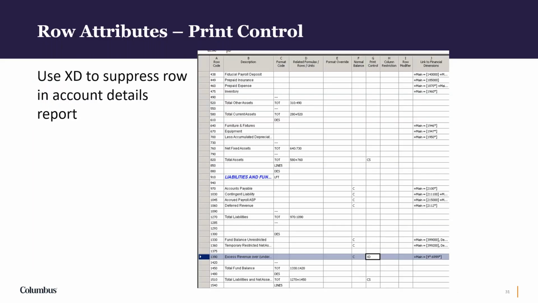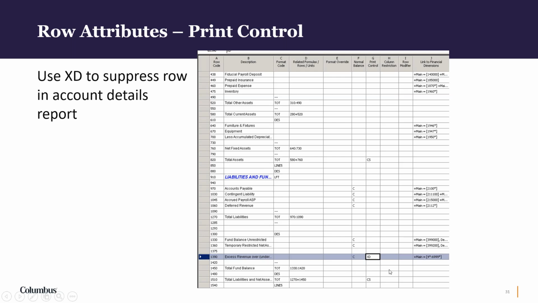Okay, so I use this one a lot when we start talking about being able to drill into a report, running a report down to the account level or even to the transaction level, and getting that extra information into a report. Well, sometimes when you're creating a report, you don't need all that extra information for every single row. So this is an example of a balance sheet, and over here, we don't really want people to be able to drill into the net income number.